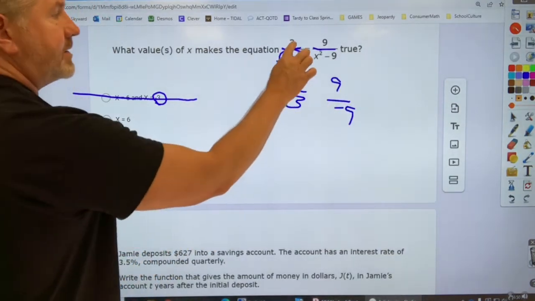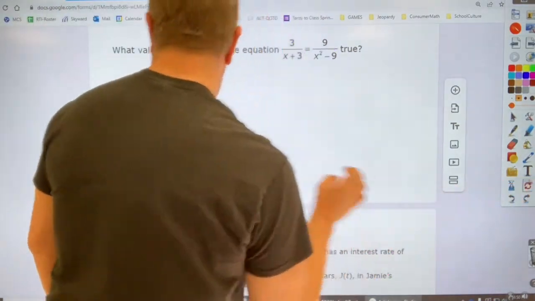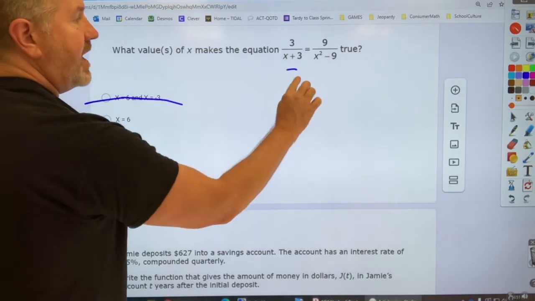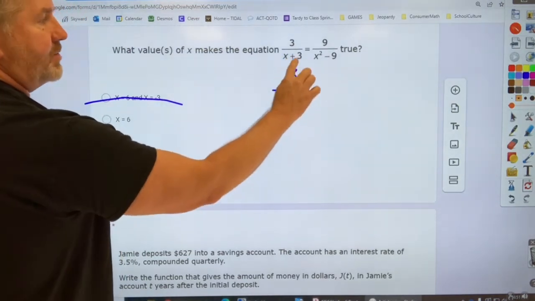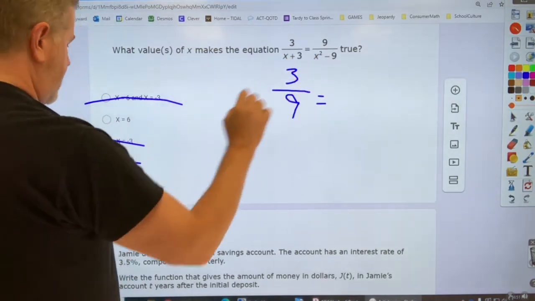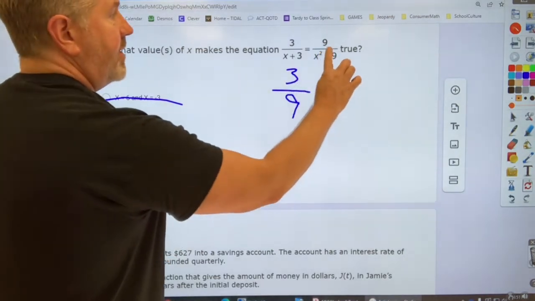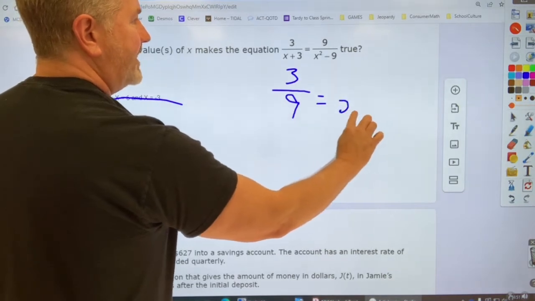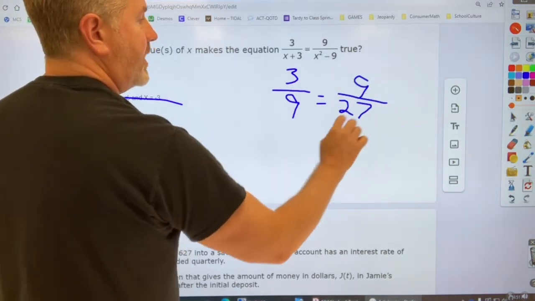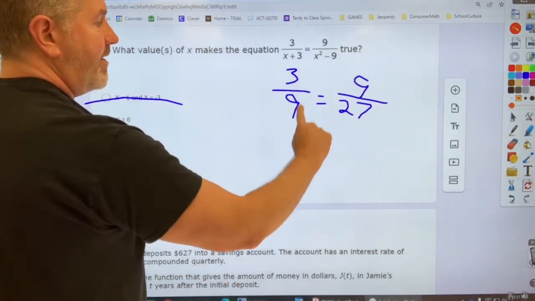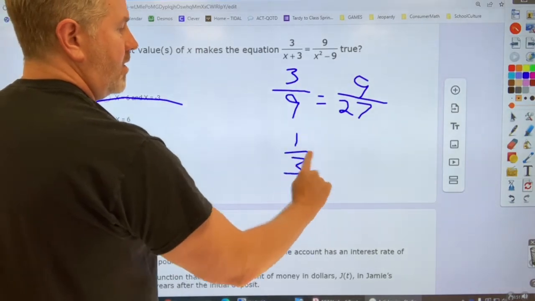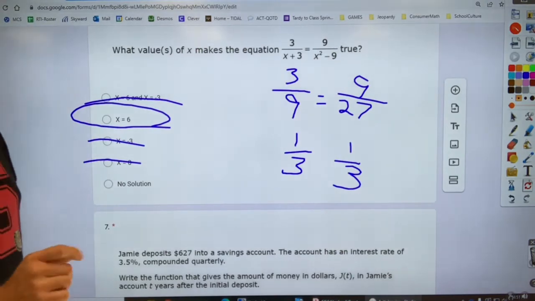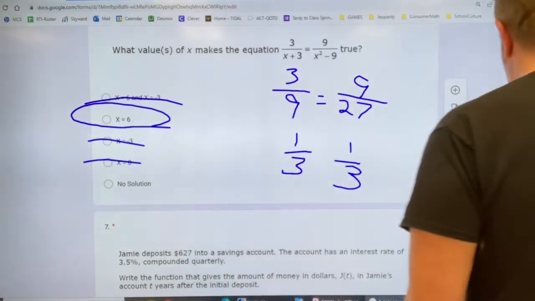Let's try 6. 6 would give us 3 over 9, because 6 plus 3 is 9. And over here, 6 would give us 9 over 36 minus 9, which is 27. 9 over 27, these are both 1/3. So that one ends up being just x equals 6, all right?